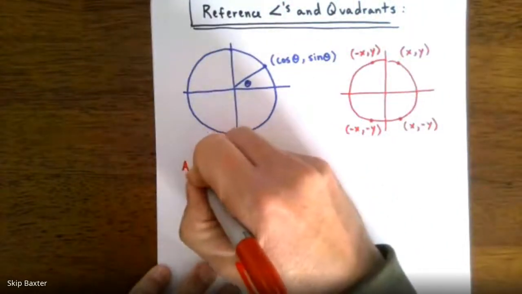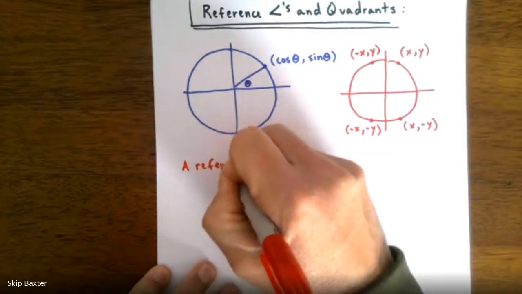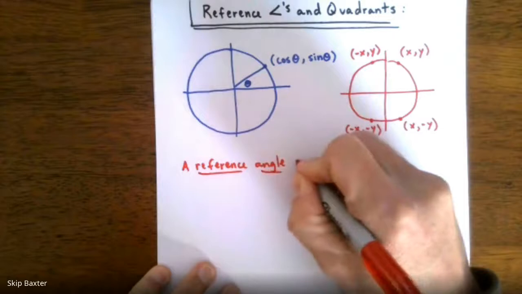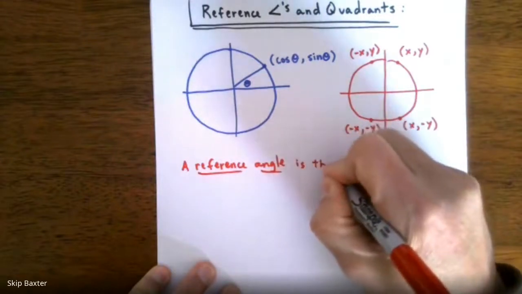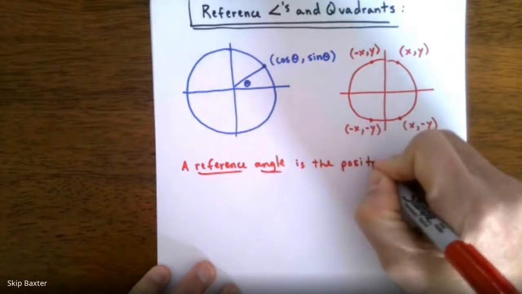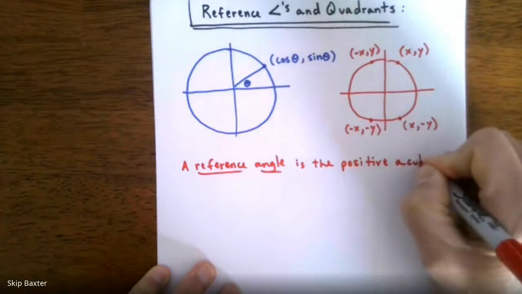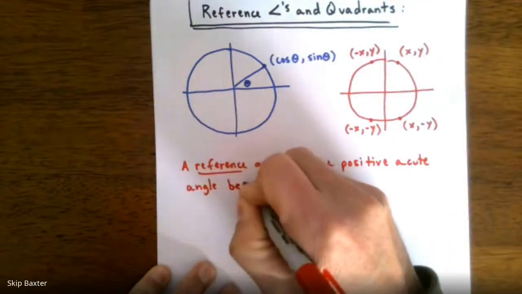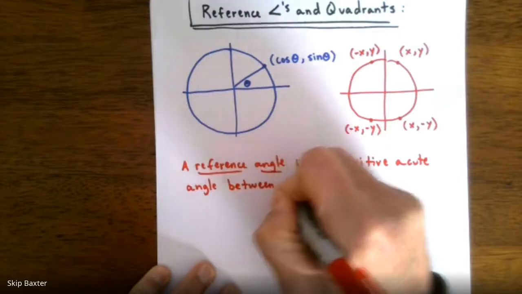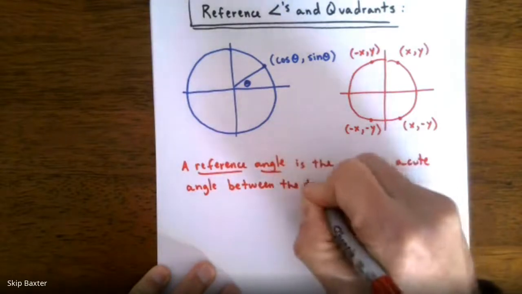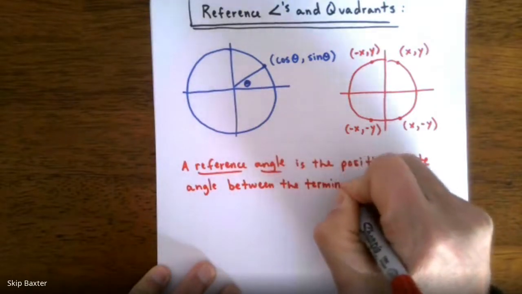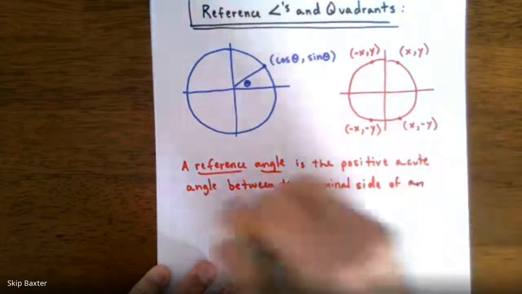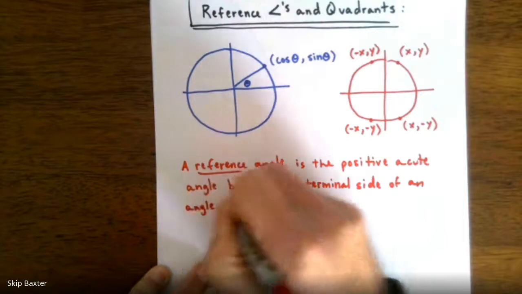A reference angle is the positive acute angle between the terminal side of an angle and the x-axis.